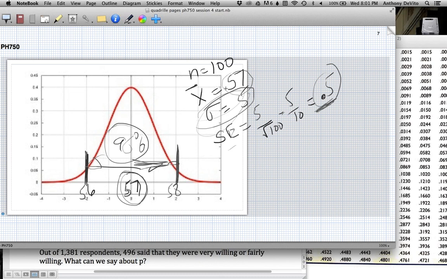It could be 58, could be 57.5, could be something a little further away or a little closer. But now we know with 95% certainty, because we know the population standard deviation and we know the way that standard error behaves, that the true population mean is between 56 and 58.